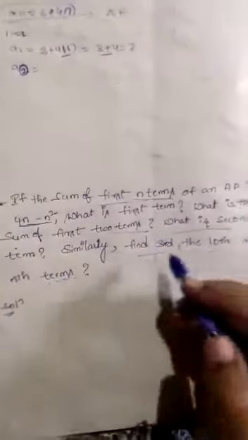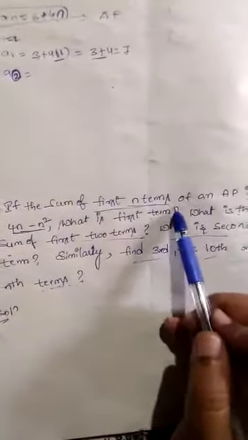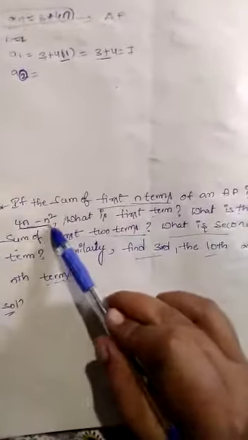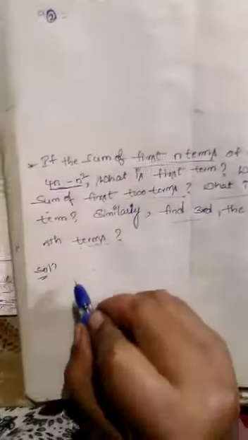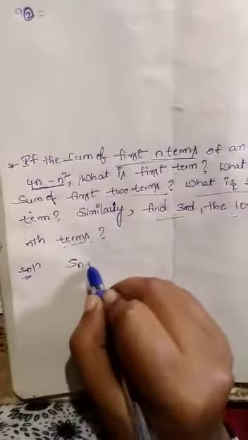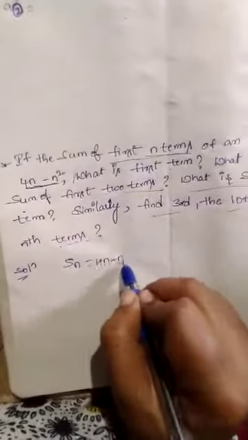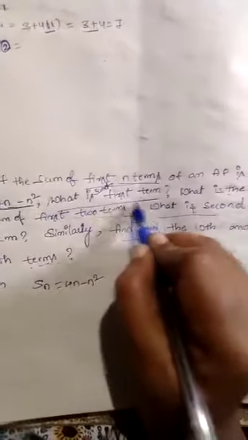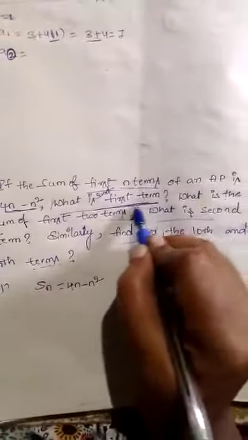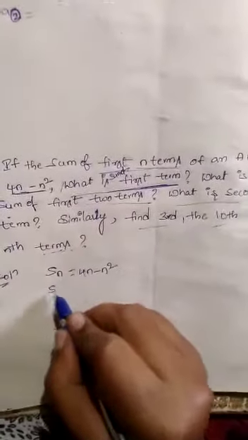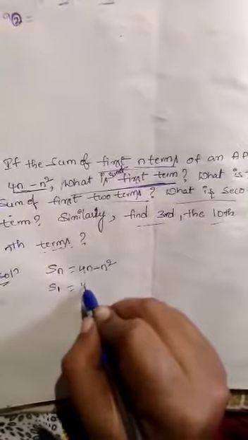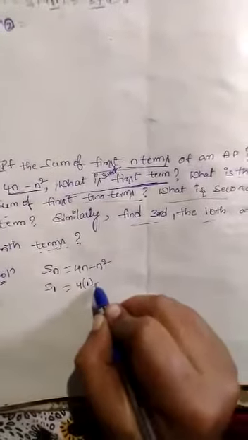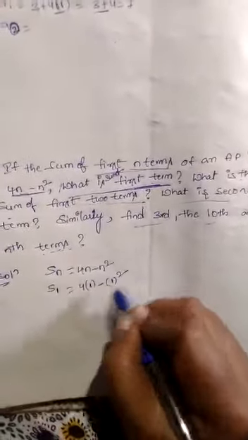Here the sum of the first n terms of an AP is 4n minus n square. So Sn equals 4n minus n square. What is the sum of the first term? S1 equals 4 into 1 minus 1 square.